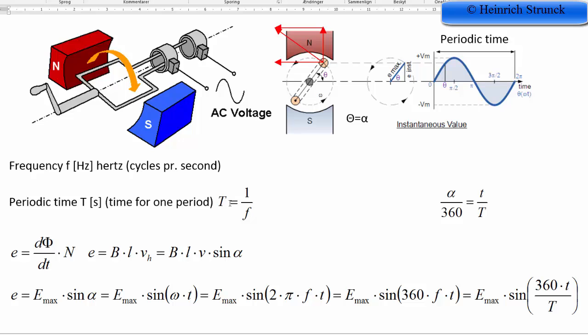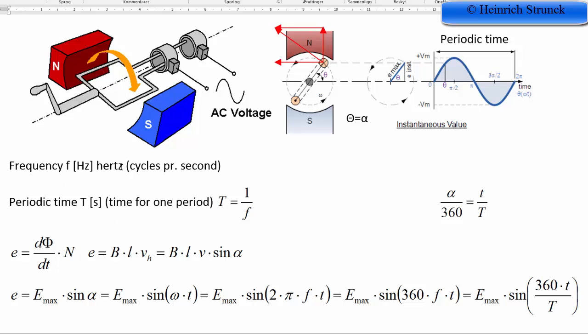We know up here that the frequency is 1 divided by periodic time. So instead of multiply by a frequency, we can divide by the periodic time. So here we have many formulas to find out the instantaneous value for the voltage.